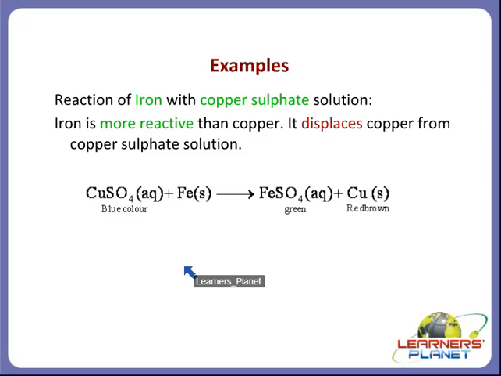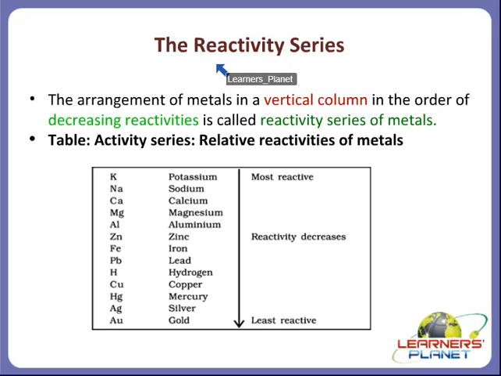Now these elements are arranged in the reactivity series, right? Now what is this reactivity series? Let's check out. It is the arrangement of metals in a vertical column in the order of decreasing reactivities, called the reactivity series of metals.